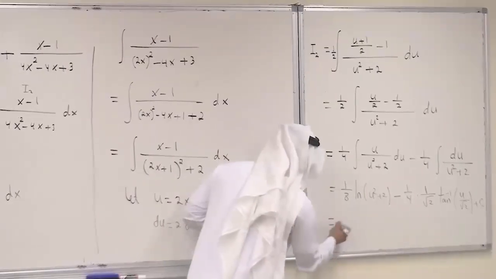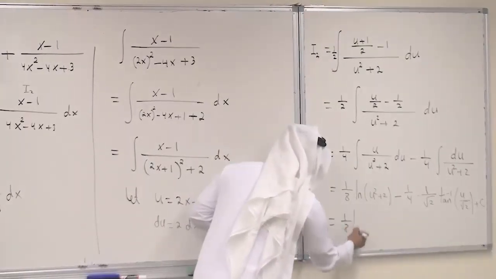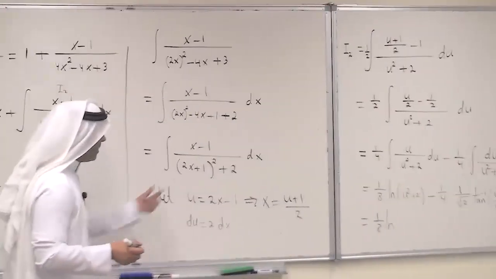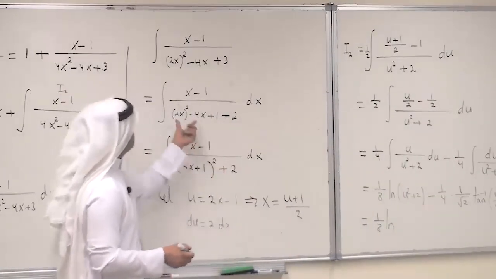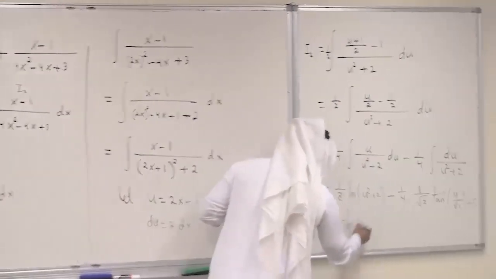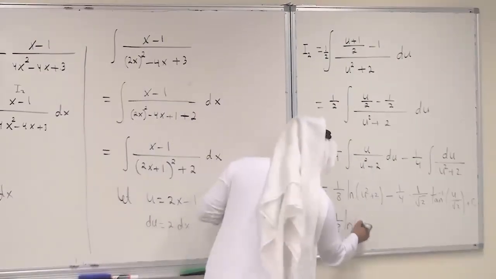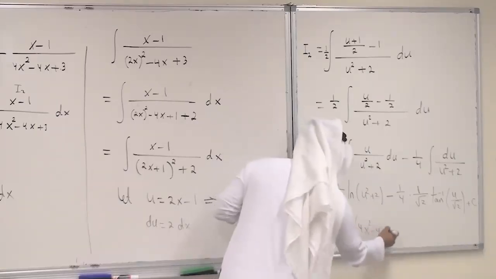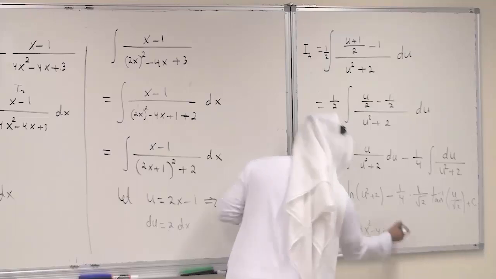So the final answer will be equal to 1 over 8 ln of, what is u squared plus 2? This is u squared plus 2, which is actually our original expression. So that is nothing but whatever we have here, which is 4x squared minus 4x plus 3. That's exactly what we have.